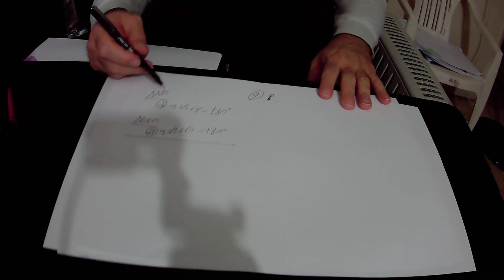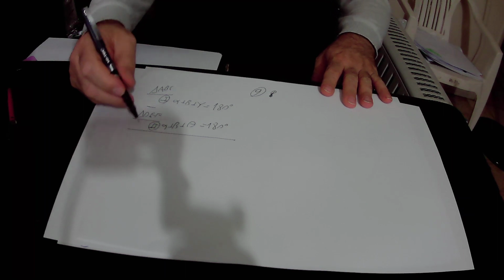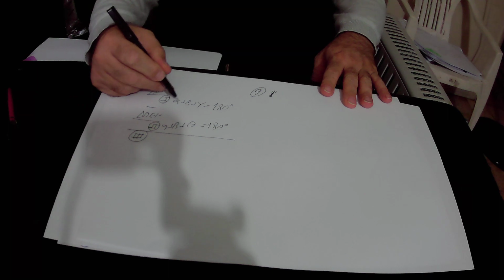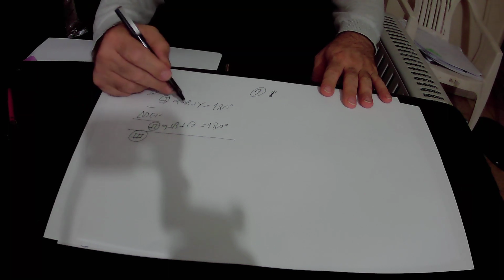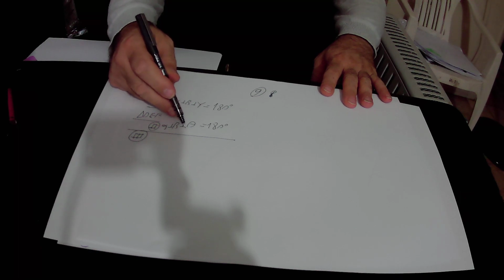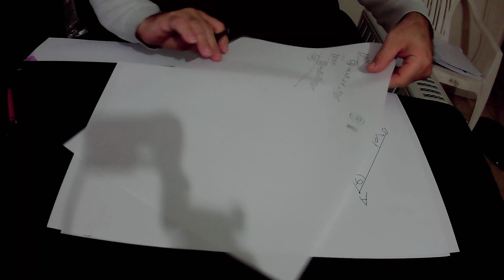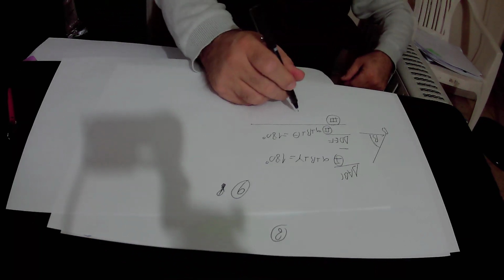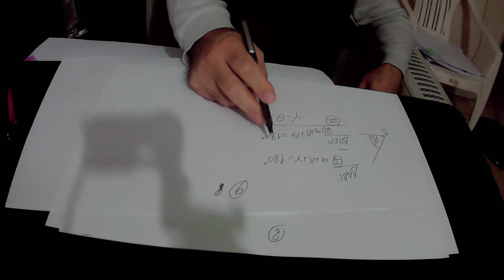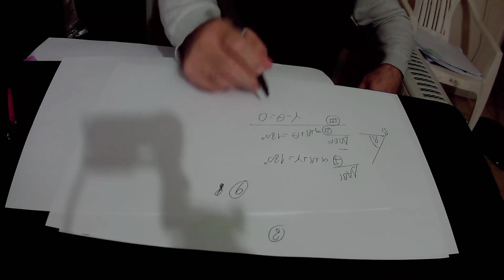Here we will subtract equation number 1 from equation number 2, and we will get equation number 3, which states that alpha minus alpha is 0, beta minus beta is 0, and gamma minus theta equals 180 degrees minus 180 degrees, which is 0.